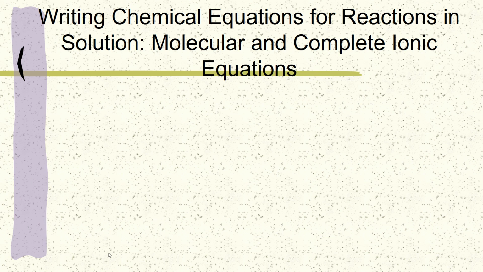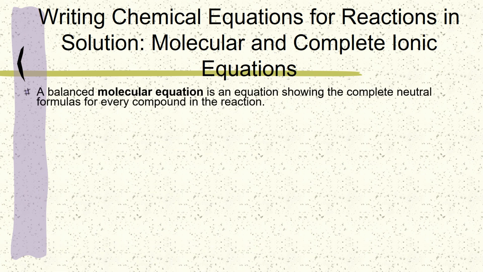So we know how to balance an equation. We know how to predict products and things like that. So a balanced molecular equation is an equation showing the complete neutral formulas for every compound in the reaction. A molecular equation is also going to include the phase of matter, like solid, liquid, gas, aqueous, things like that. All right.